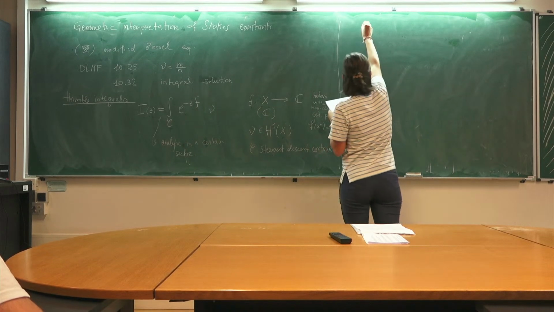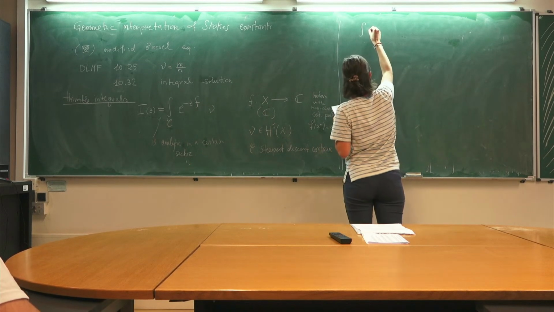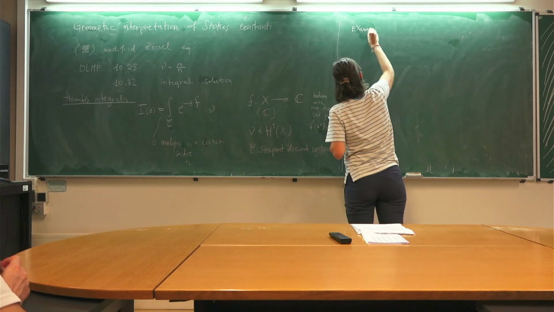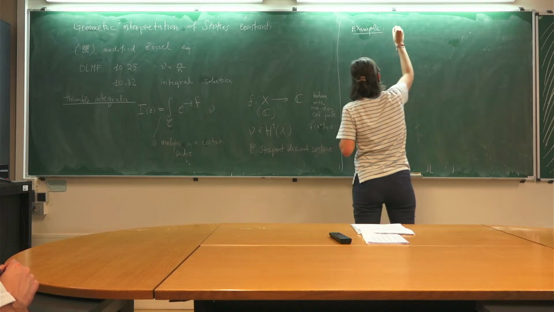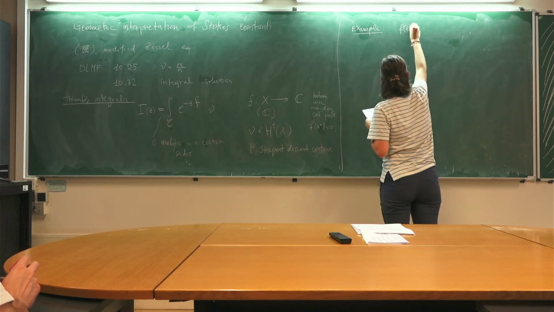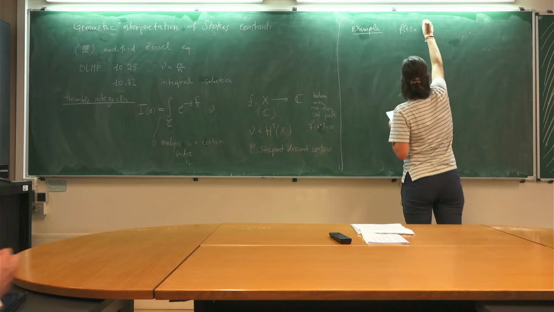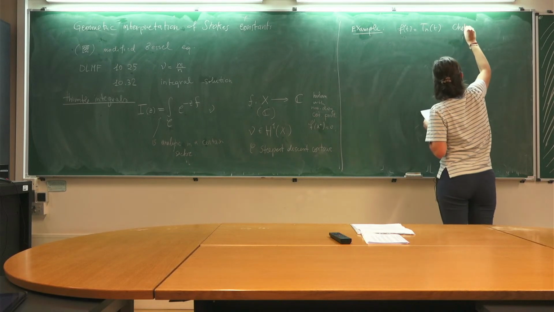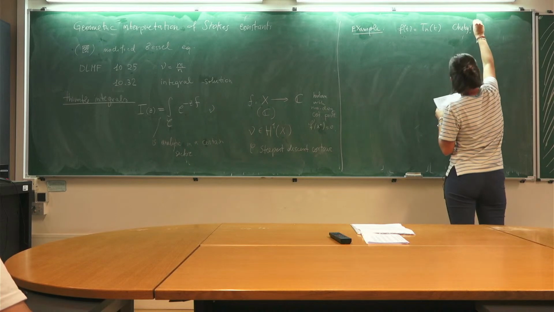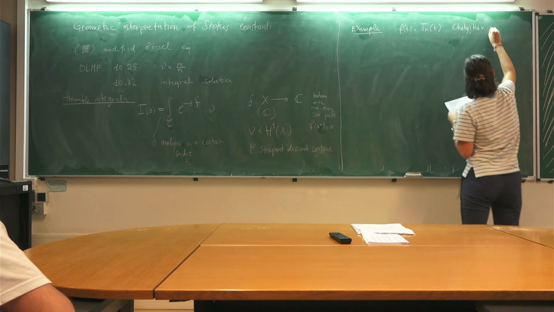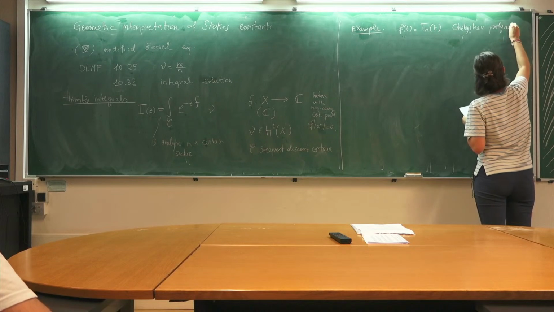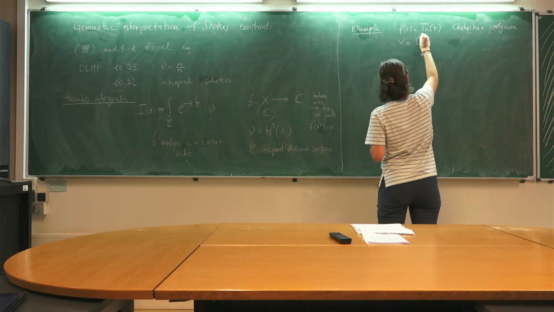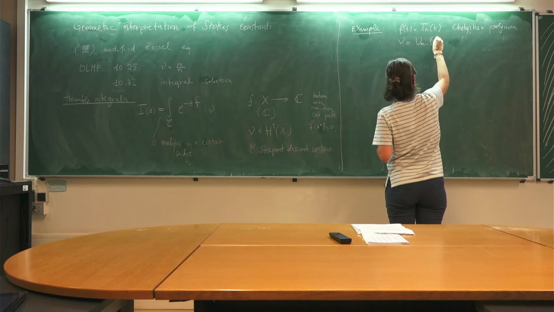If you take as a function f the Chebyshev polynomial, Tn of t, and as nu the other Chebyshev polynomial.